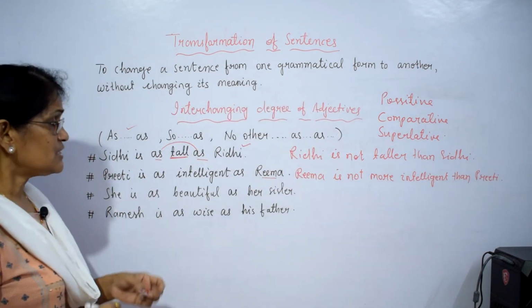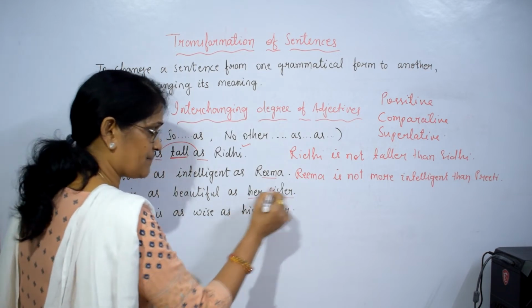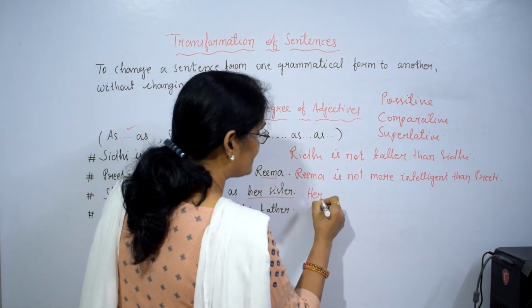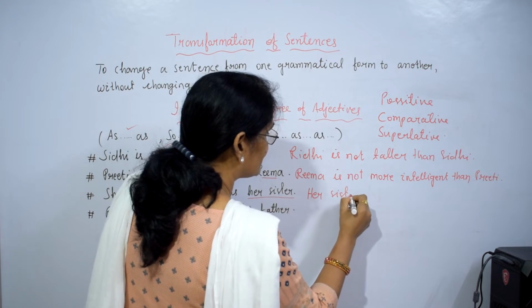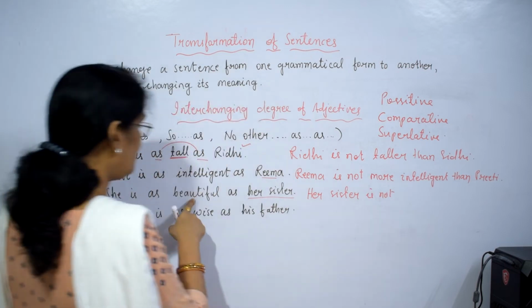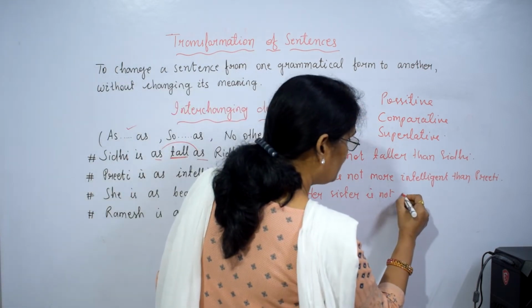She is as beautiful as her sister. You take the next name, her sister. Her sister is not more beautiful than she. Beautiful, comparative degree more beautiful.